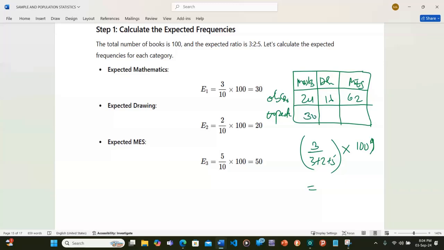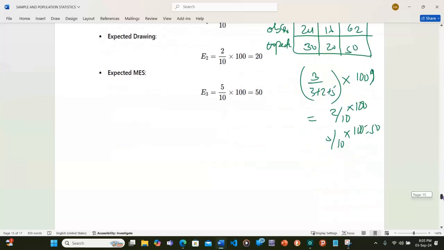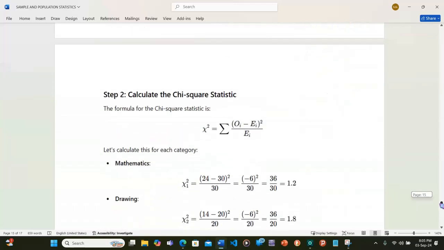The other one would be 2 out of 10 times 100, and you'd get 20. The other one would be 5 divided by 10 times 100, and that is 50. So that's how we are getting these values. Those are the expected values.